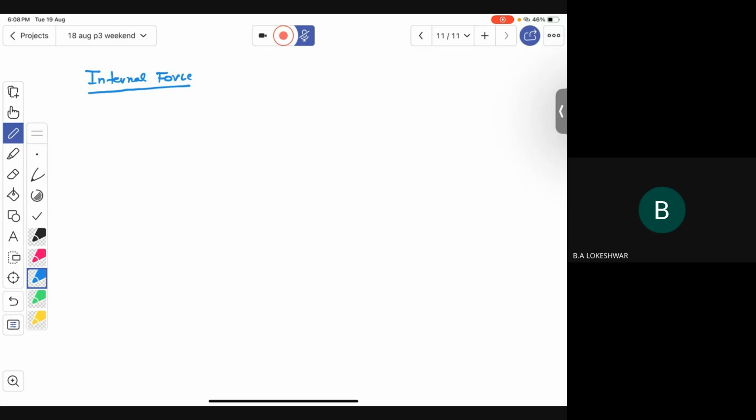So internal force means the force whose action and reaction both are in the system.